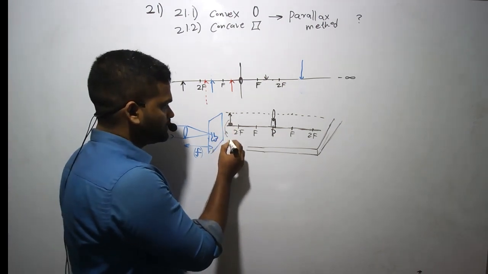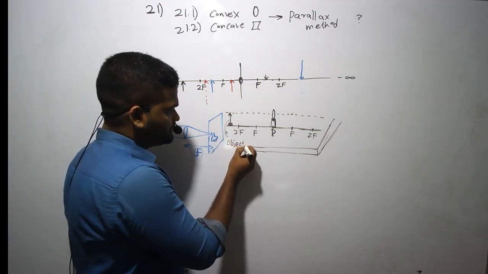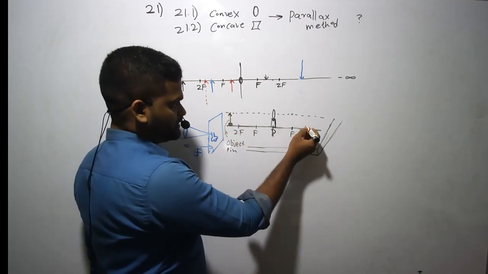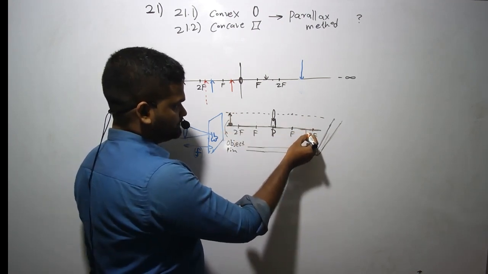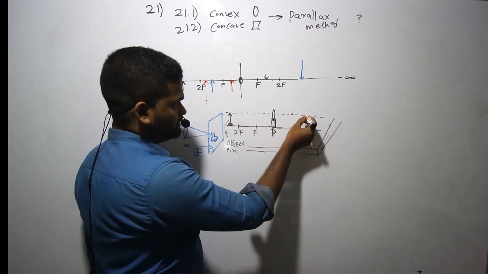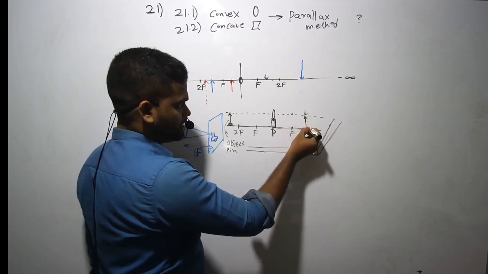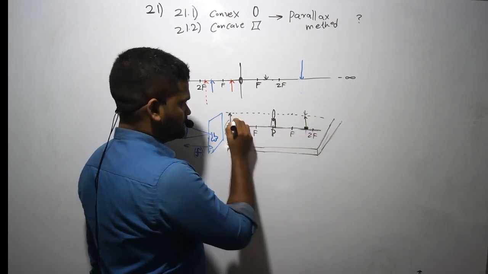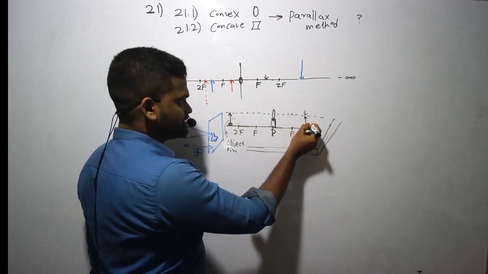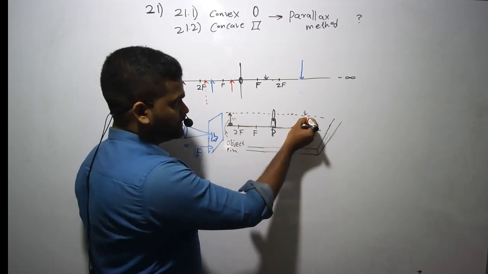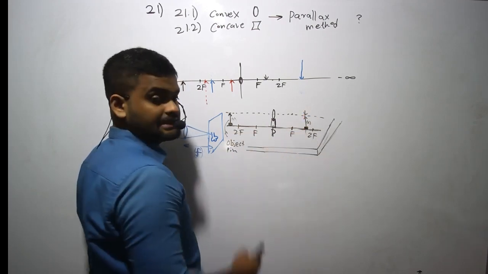This one we call the object pin, and the image of this will be created here somewhere like this. Then you can place a second pin. Let's say this is the first optical pin, this is the second optical pin. You can place the second optical pin to locate this image like this.